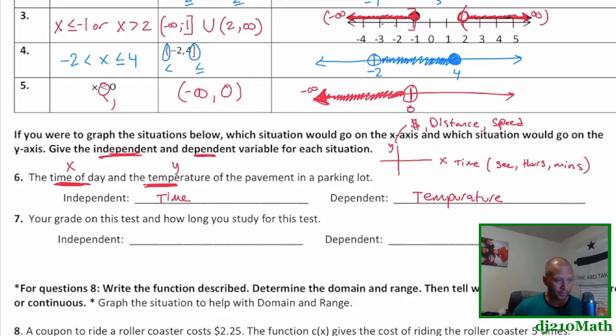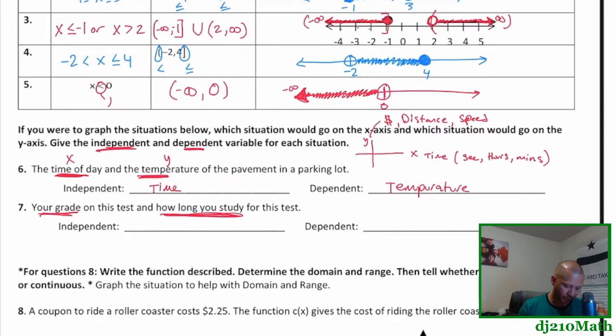All right, number 7. Your grade on this test and how long you study for. So what's going to depend on what, really? Is your grade going to depend on how long you study, or does how long you study depend on your grade?